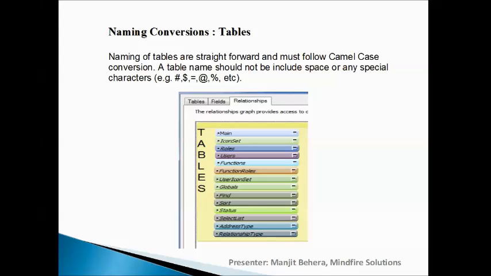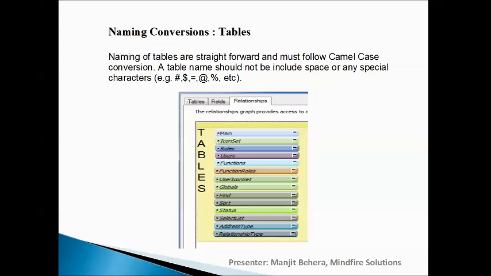First of all, naming conventions for tables. Naming of tables is straightforward, that is the camel case convention. And for best practice, we don't use special characters like hash, dollar, at the rate, percentage, periods in the names of our FileMaker tables.